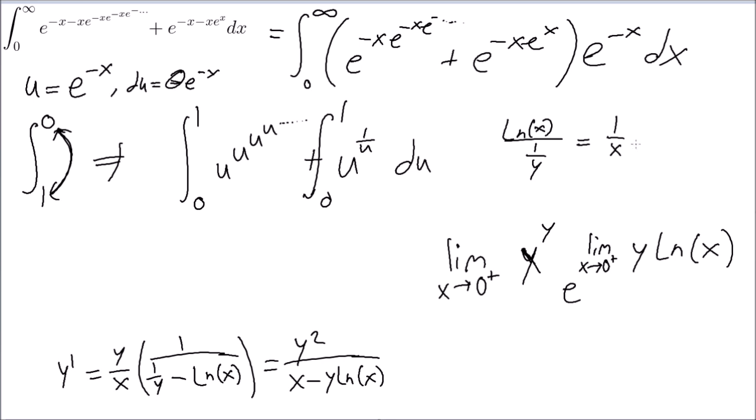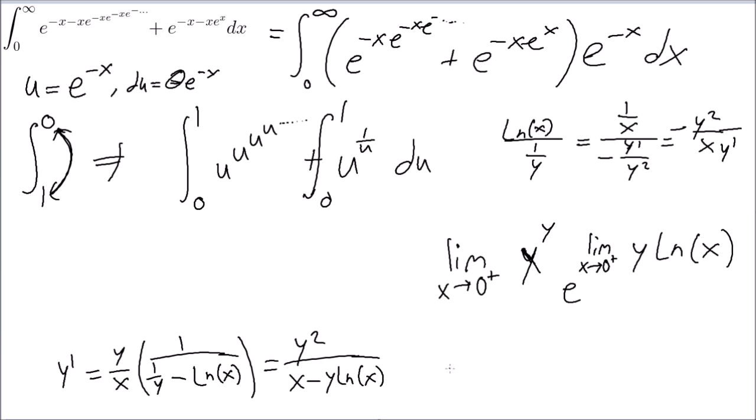Oh god, I have to do this properly. 1 over x, negative y squared, y prime, right? So then we get y squared over x, y prime, negative, and the y prime is y squared here.